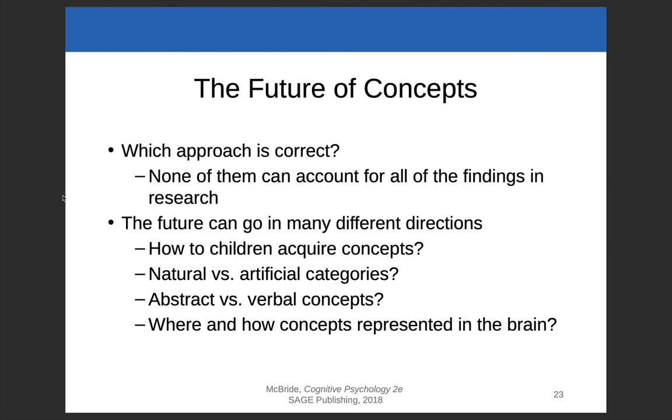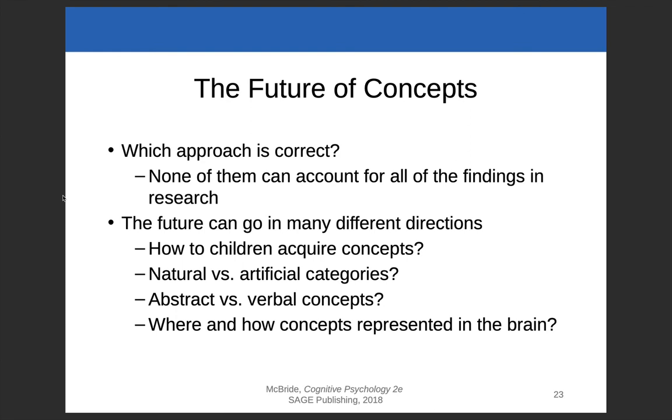One of the big areas of research is how children acquire concepts. This is huge. If we can understand how kids between the ages of 0 and say 4 years old acquire concepts, wow, that would be big. Natural versus artificial categories: is there a difference between the things we learn day to day living and learning about life and the artificial types of categories that we present in a lab?